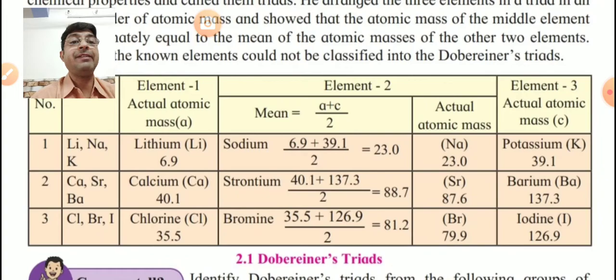So we take the average of the first and third, that is lithium and potassium: 6.9 plus 39.1 divided by 2, so we get 23. This is the average atomic mass of lithium and potassium, which is approximately equal to the middle element, sodium.